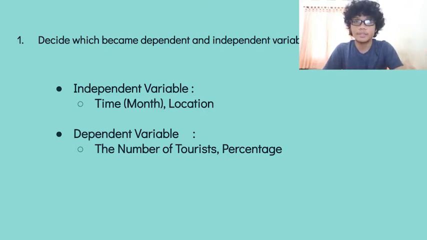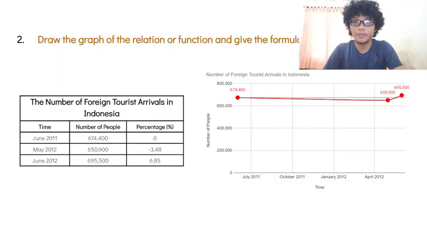This is the graph that has been created from the data given. In June 2011, the number of people is around 674,400 with a percentage of 0, and in May 2012, the number of people is around 640,000 with the percentage decreasing to 3.48%, and in June 2012 the number of people is around 675,000 with the percentage increasing to 6.85%.